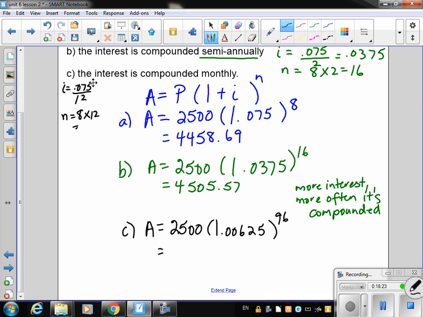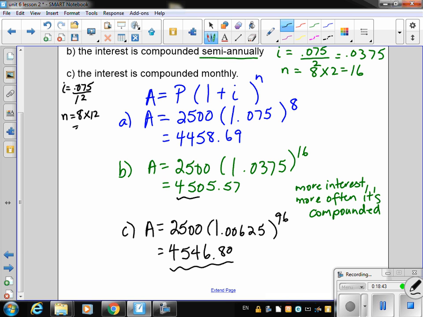So that's decimal 0.625%, very tiny. But to the power of 96 gives us $4,546.80.